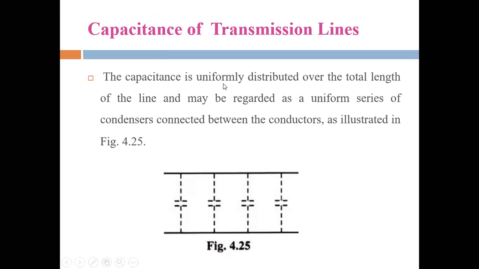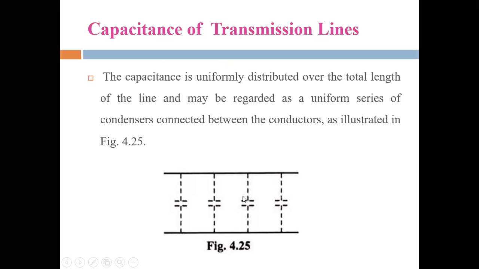Okay, the capacitance is uniformly distributed over the total length of the line, and may be rearranged as a uniform series of condensers connected between the conductors.